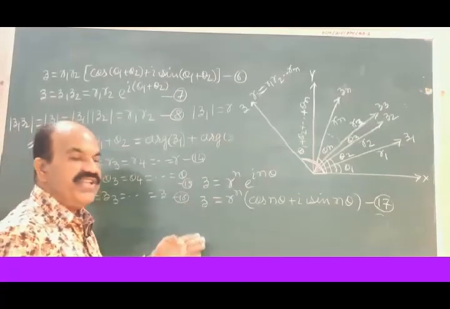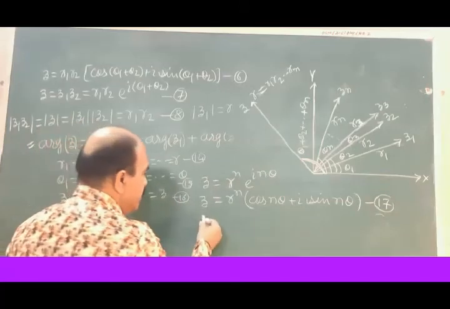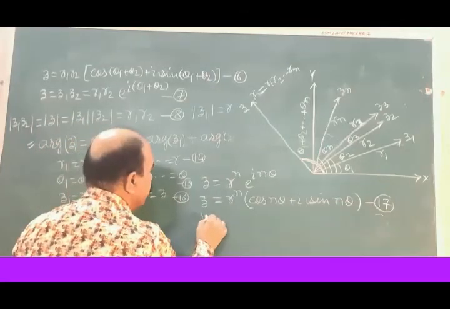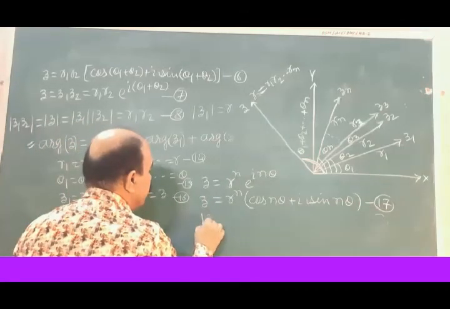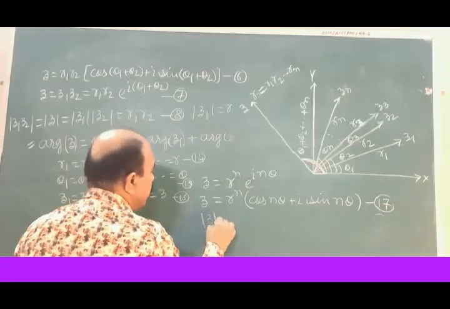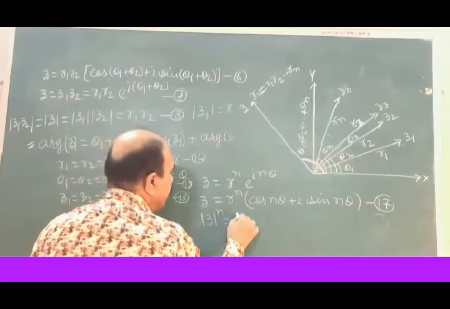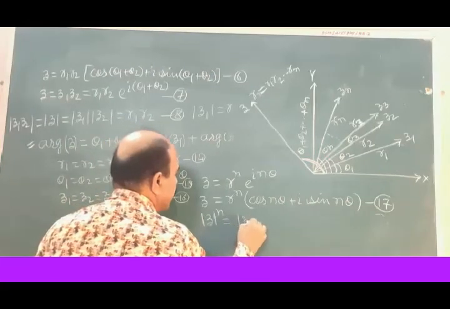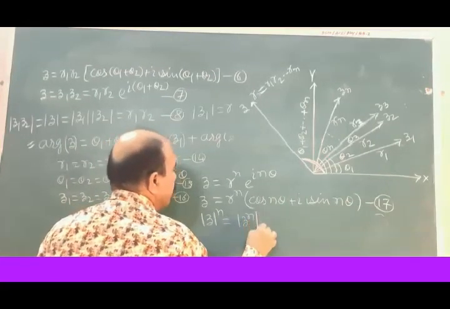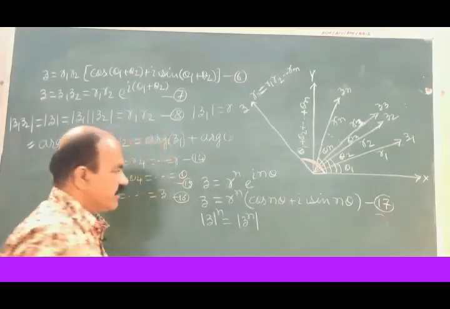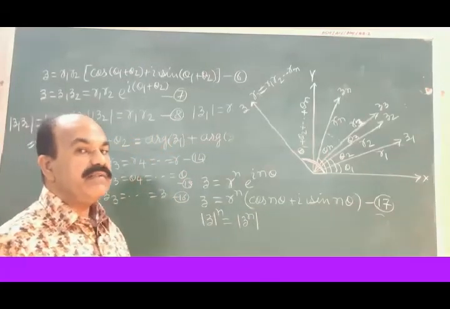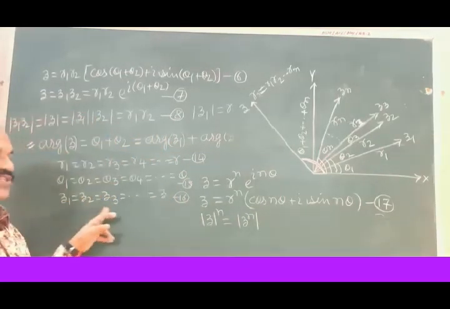And what will be this modulus here? This will be modulus of Z to the power n. Why Z to the power n? Because all Z are same.